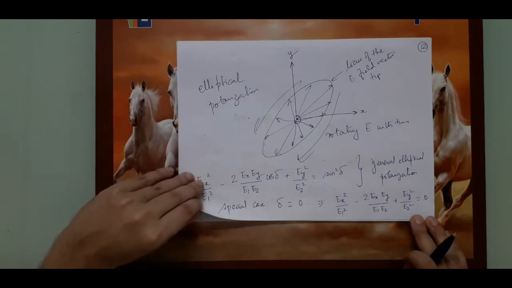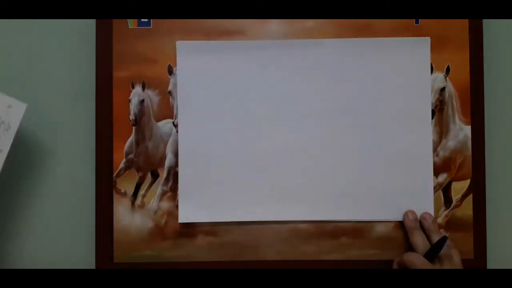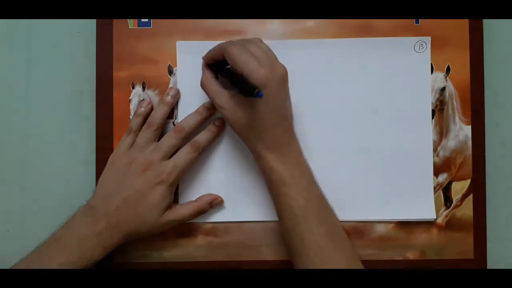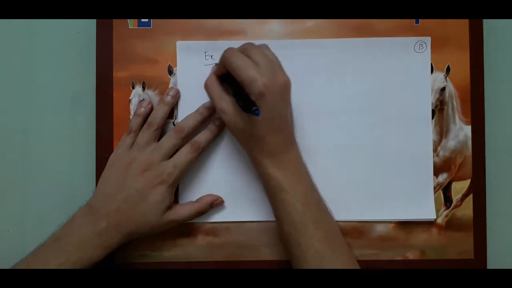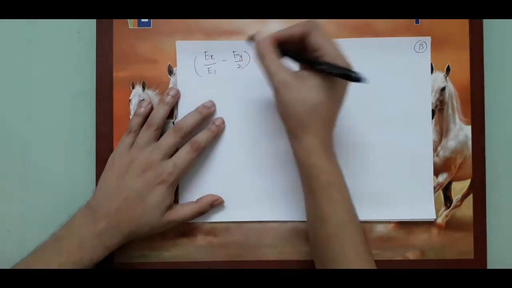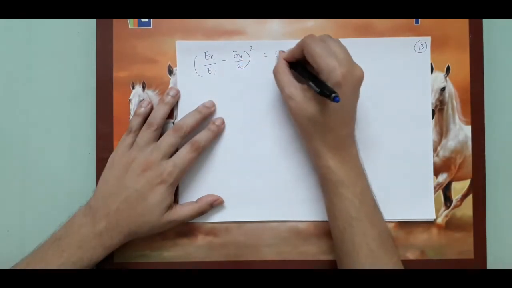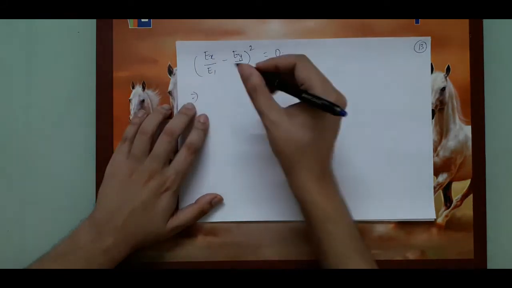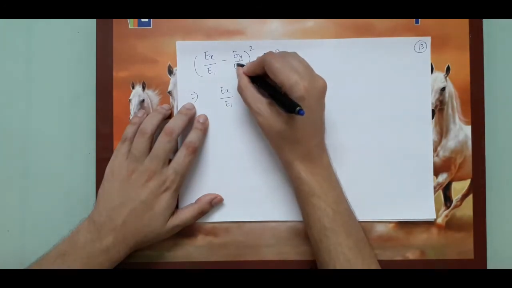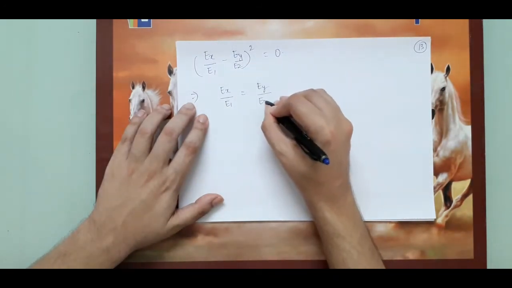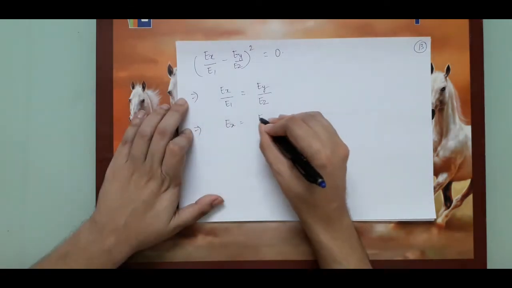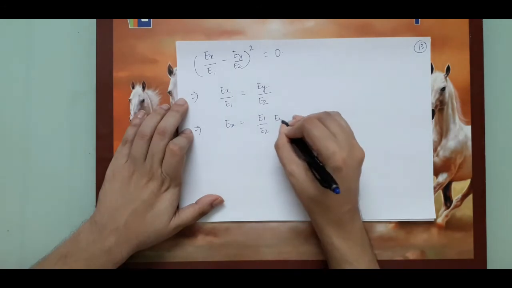So we can write this in the form of a square, which is Ex by E1 minus Ey by E2, the whole square, equal to 0, which means that Ex by E1 will be equal to Ey by E2, which implies that Ex is nothing but E1 by E2 times Ey.